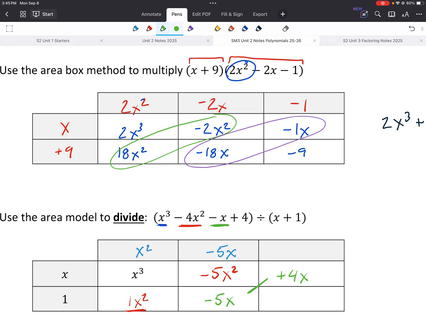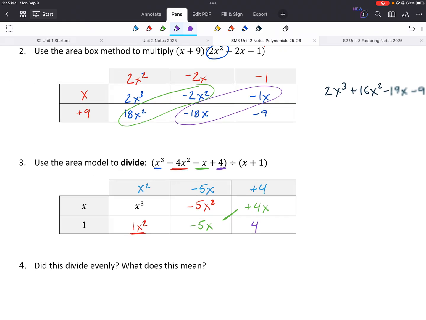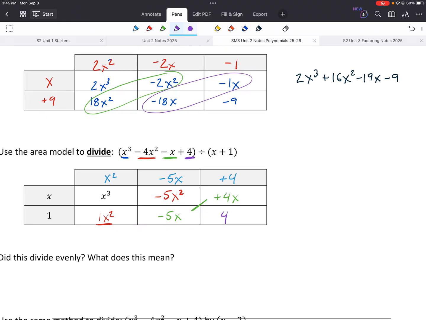And then repeat. So x times what gives us 4x? Well, it has to be a positive 4. And then 4 times 1 will give us our last box, which is 4, which matches, okay? So let's write down our answer.